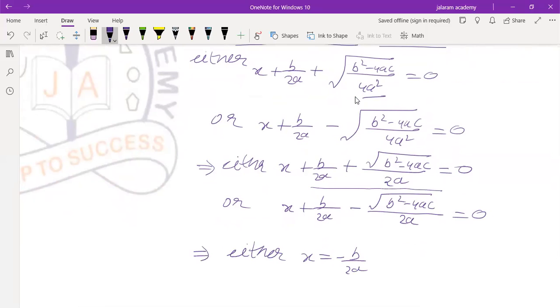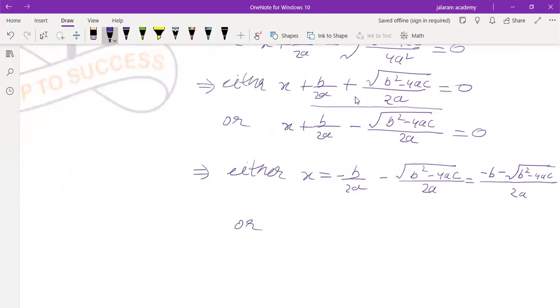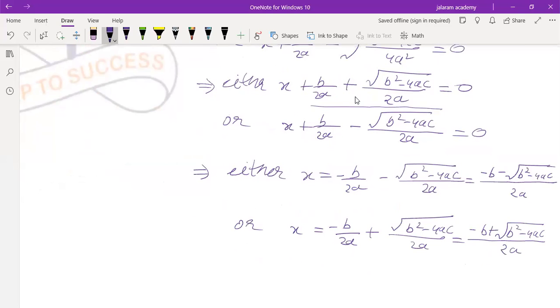Minus b by 2a minus under root b square minus 4ac upon 2a equals to, LCM is 2a, minus b minus under root b square minus 4ac, or x equals to minus b by 2a plus under root b square minus 4ac upon 2a equals to minus b plus under root b square minus 4ac upon 2a.